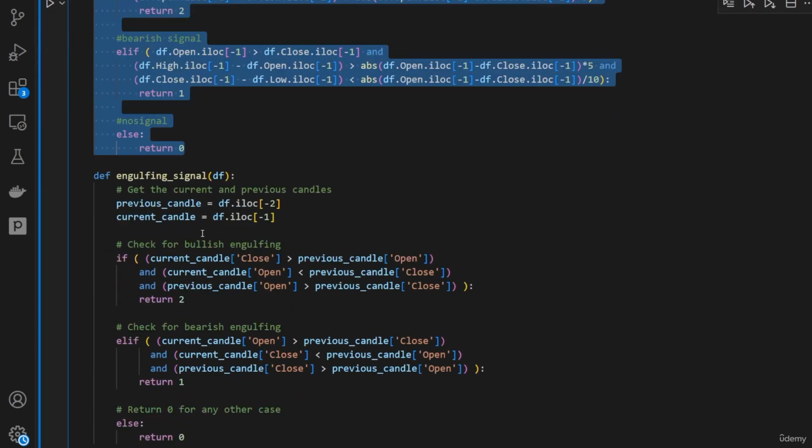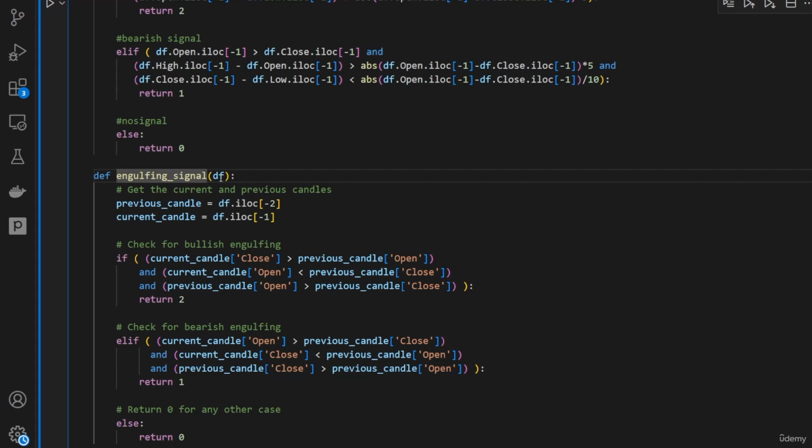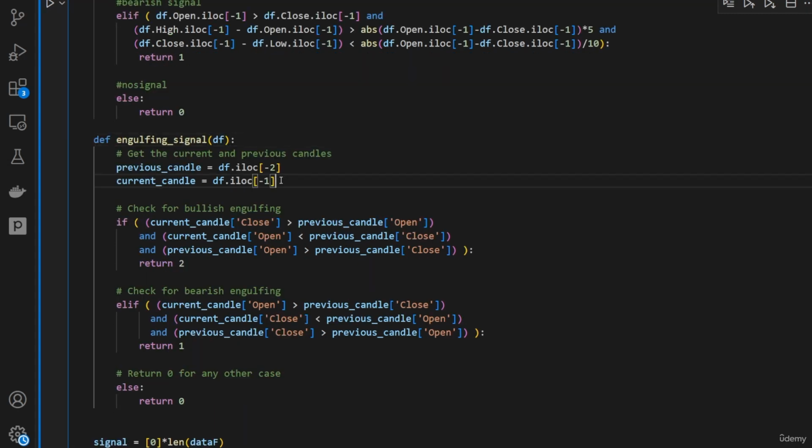We can also define another signal. I try to define the engulfing signal, for example, using engulfing candles. For this, I'm using 2 candles to check the engulfing signal, the current candle and the previous candle. Notice that the indexes here are -1 and -2 for the previous candle. Then I'm checking if the close of the current candle is above the opening price of the current candle, so it's a green candle, and at the same time the opening price of the current candle is below the previous candle's closing price.